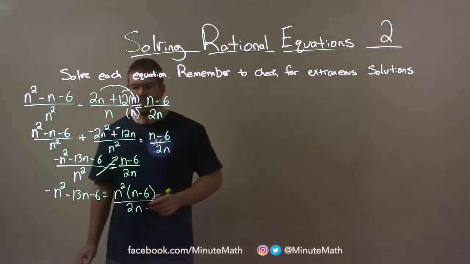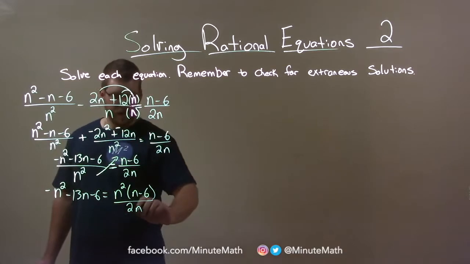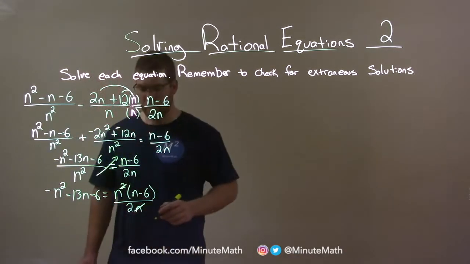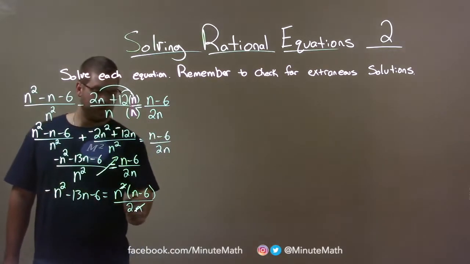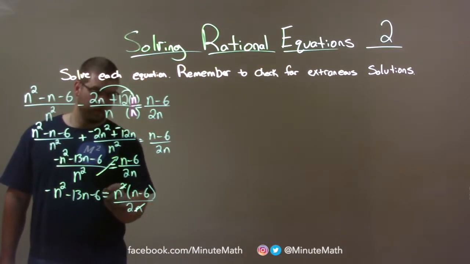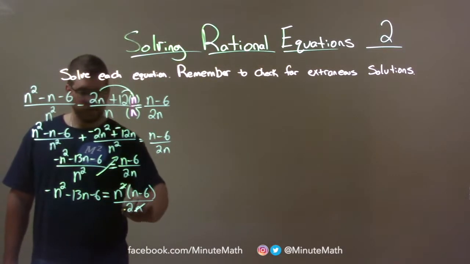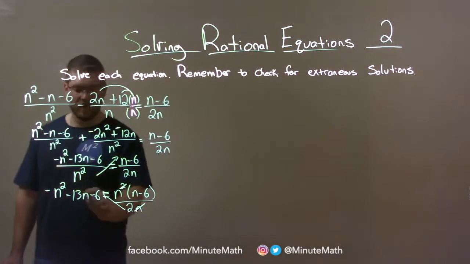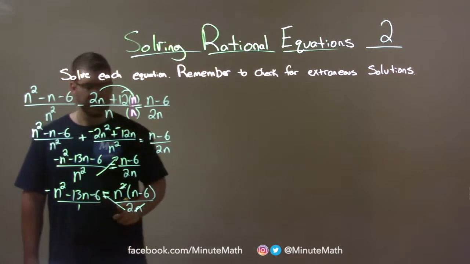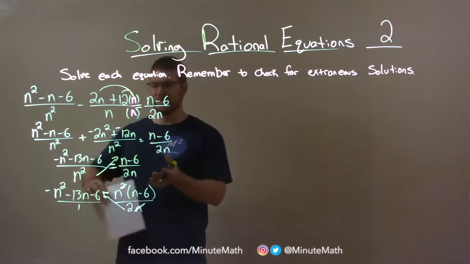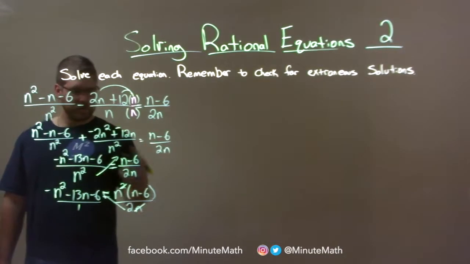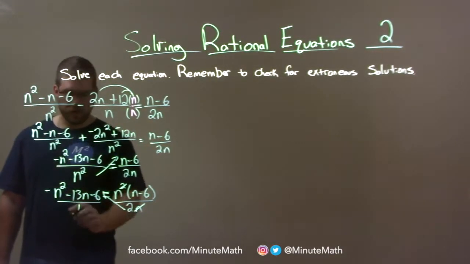What that does is this n here can cancel with this n squared. And I should have multiplied this 2 up, or I can do it now, so it's easier to see. I'm going to take this 2 and multiply it across to this side, since it's kind of over 1 up there. I always look ahead to see what I can cancel out. So let's multiply that 2 across.